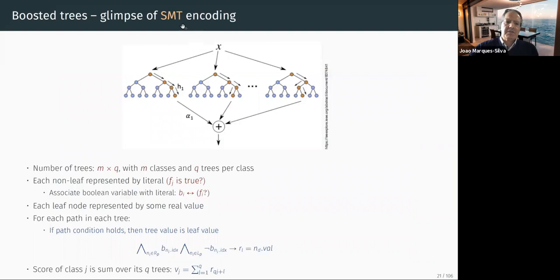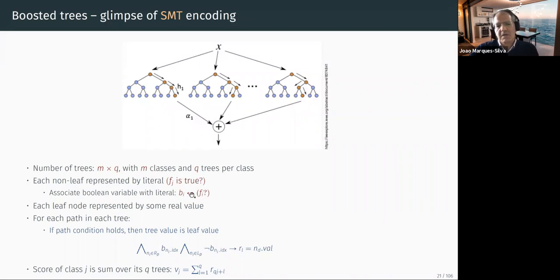For example, boosted trees are also easy to model. I'm going to do this very, very quickly. So the number of trees, again, for boosted trees, if you have M classes and you have Q trees per class, then this is the total number of trees. And for each tree, what you do is you just represent that this path is going to be activated if all the literals are true.